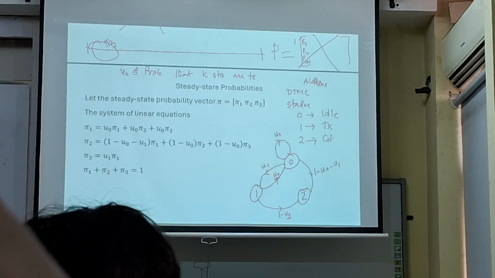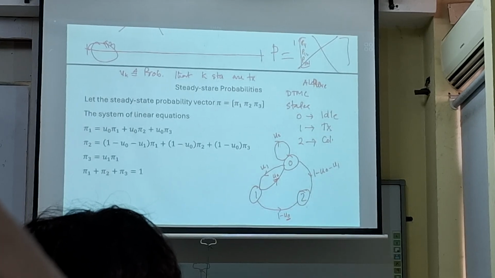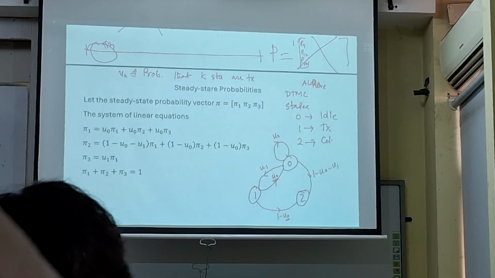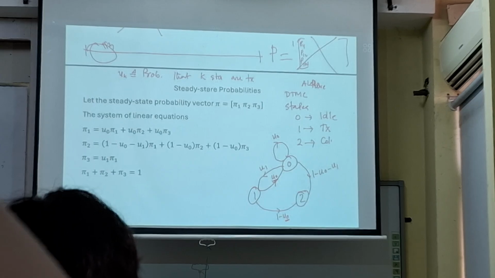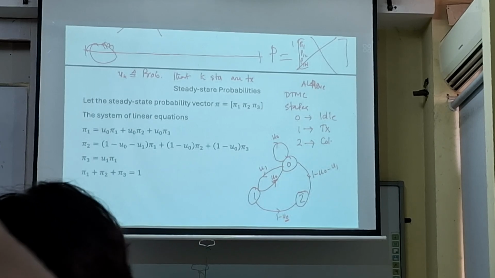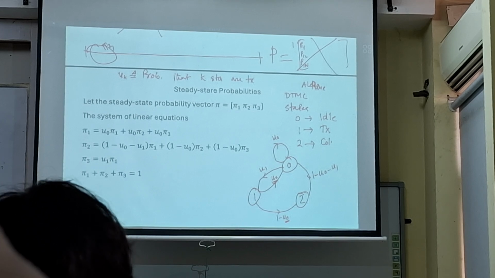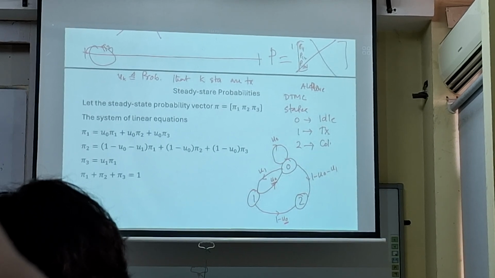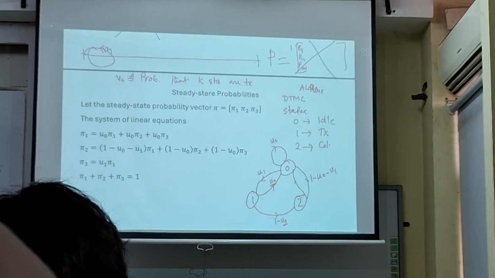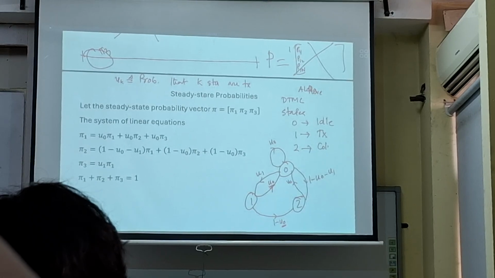Now, when the chain is in state 2, what happens? The collision can eventually be cleared, and none of the stations is transmitting. We can move forward here with some probability.